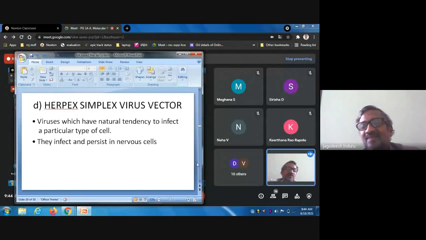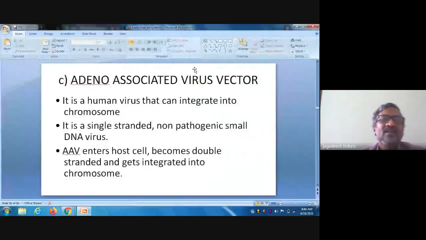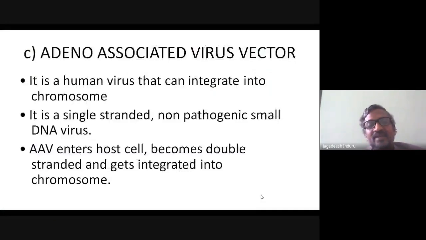Retrovirus, for blood, is a specific one, which is good. If you are introducing a gene to correct defects, then adenovirus is good. Each one has a specificity. In the adenovirus, what happens? The single-stranded virus enters the host cell, becomes double-stranded, and gets integrated into the chromosome.